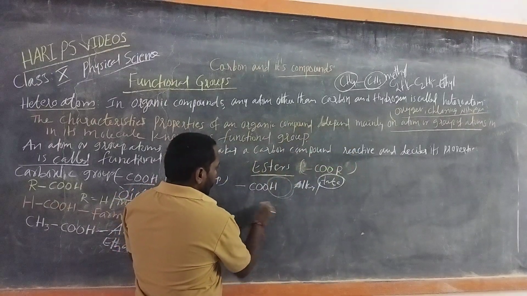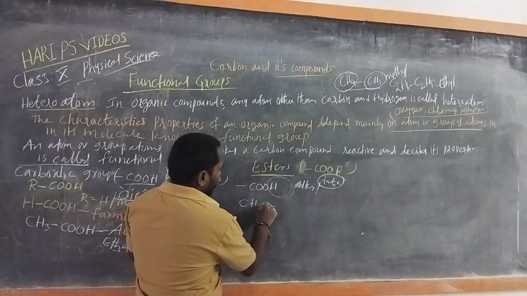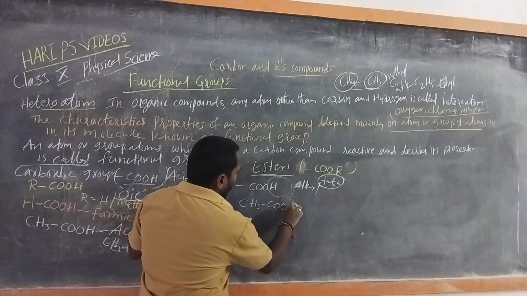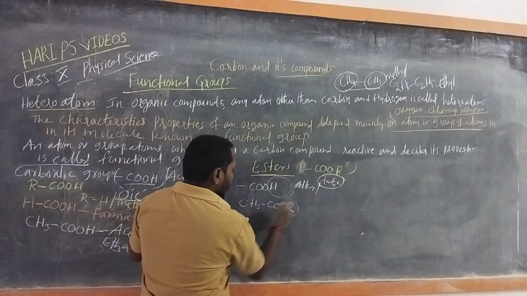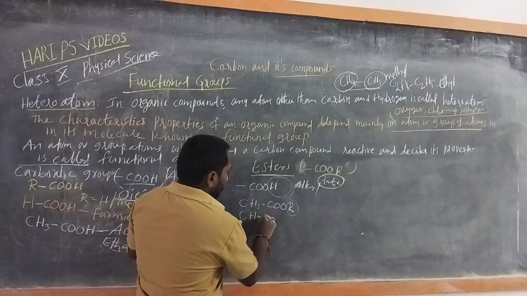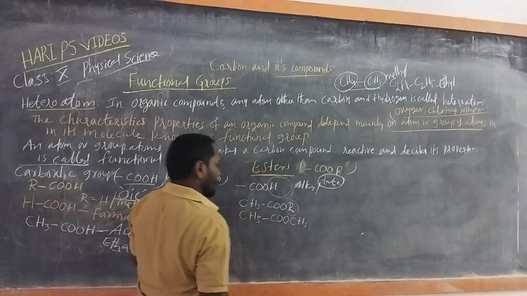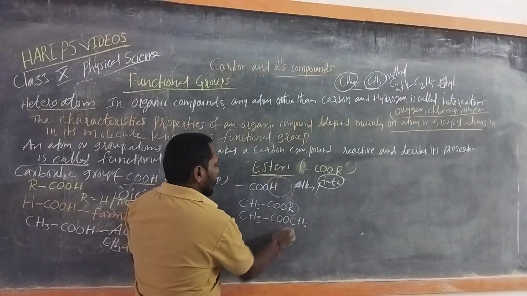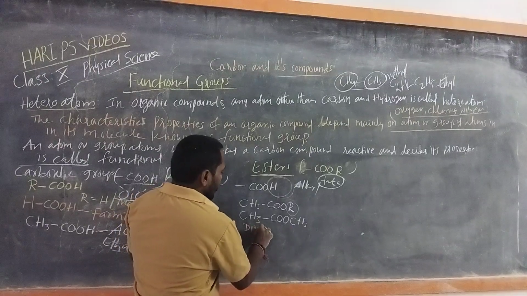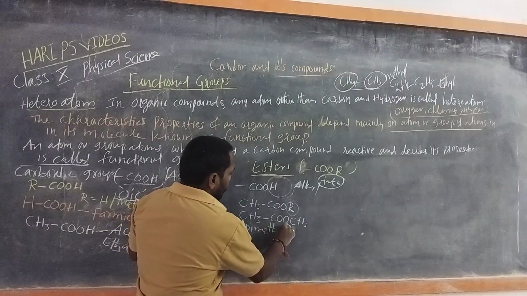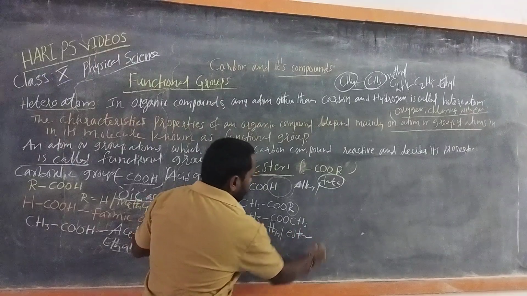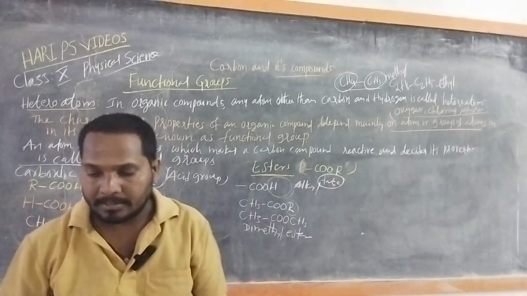For example, CH3COOR. In place of R, if you write CH3, we get CH3COOCH3. This is called a methyl ester.